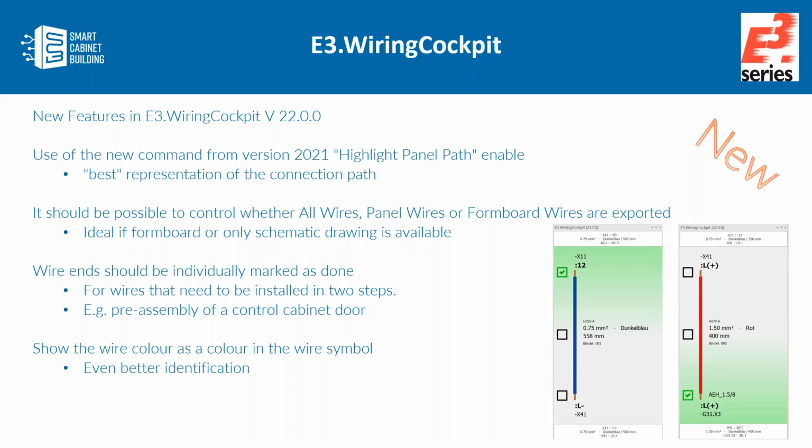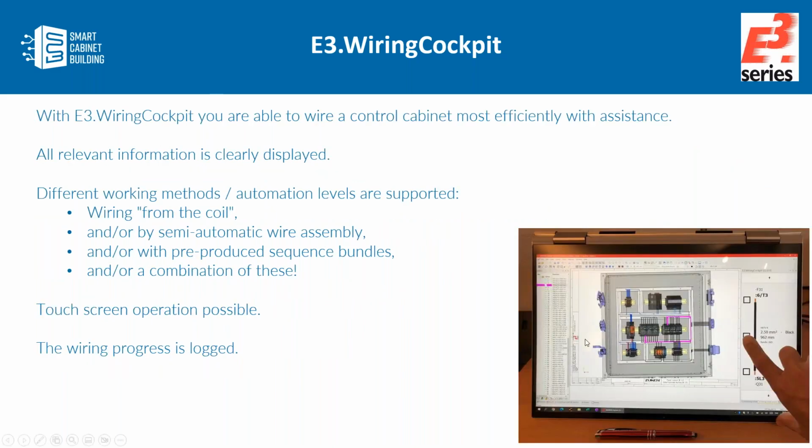So if you have very complex routing paths, it is sometimes not possible to have it on one sheet, because if this wire goes out of this cabinet to another cabinet and in the other cabinet from the back side or something else, then it is not possible to show this in one picture or in one view.